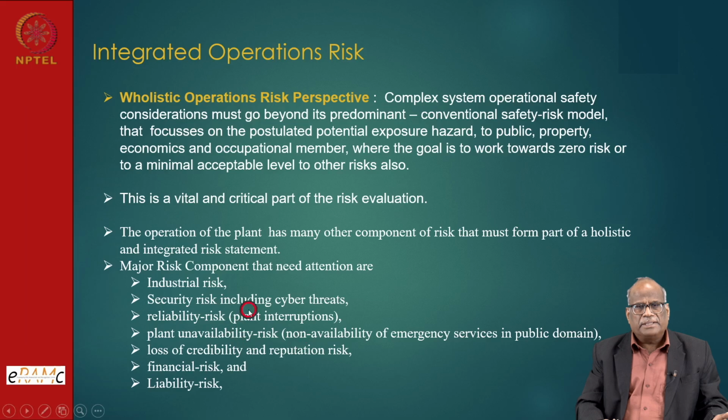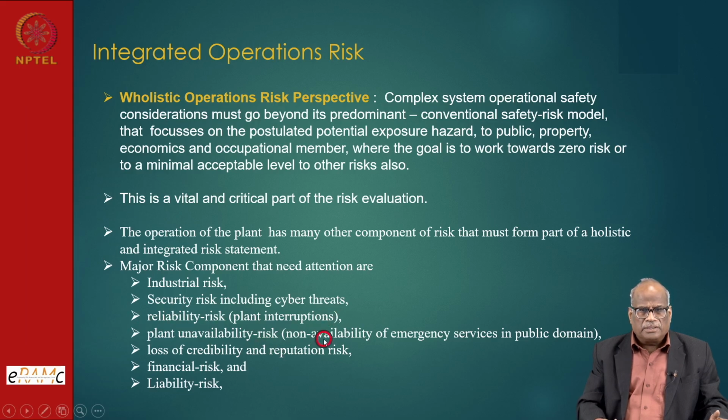It could be in the traffic area, it could be in the hospital, non-availability of power supply, or we can examine any area and see what the risk implications are. So even though the plant is safe, and of course when the plant is operating smoothly, and when it enters into transient for shutting down, there can be some component of risk involved. So this reliability risk in smooth plant operation, and if an interruption occurs, this risk component should be analyzed and it should be demonstrated what the consequences in the public domain are.